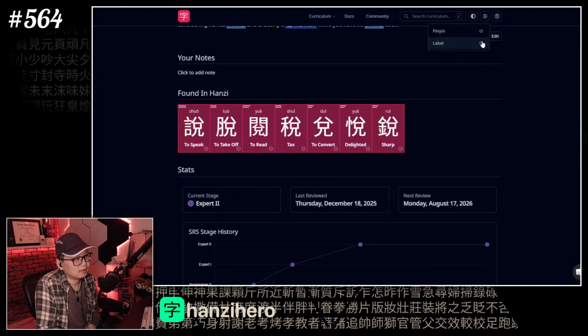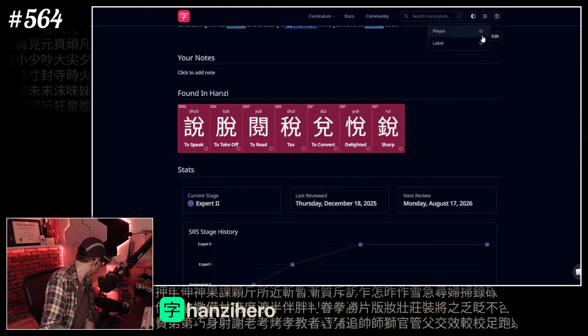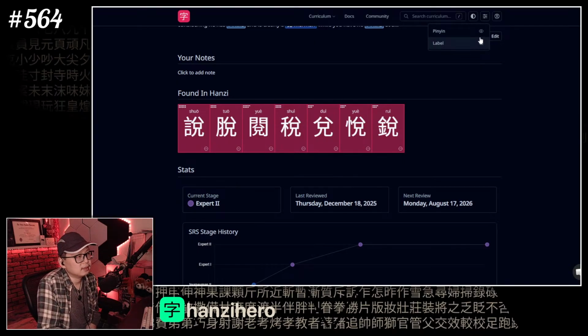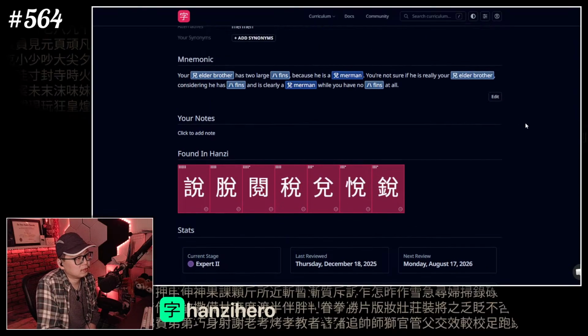Or read. 对 is weak too. All of these are pretty weak. Yeah, it's probably the strongest. Read plus like joy or delight. Okay.